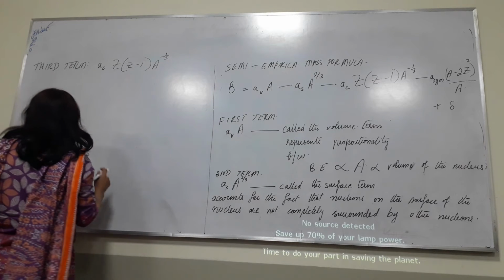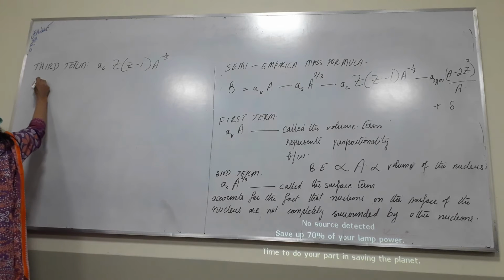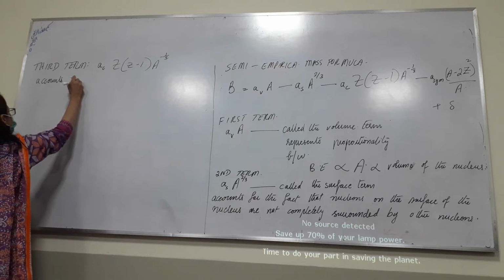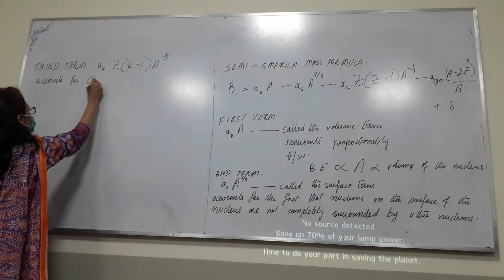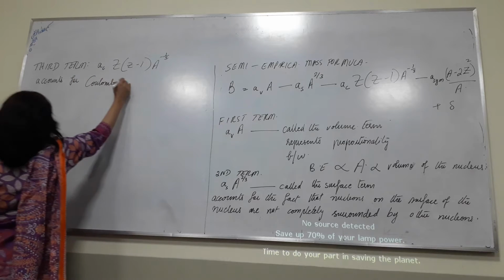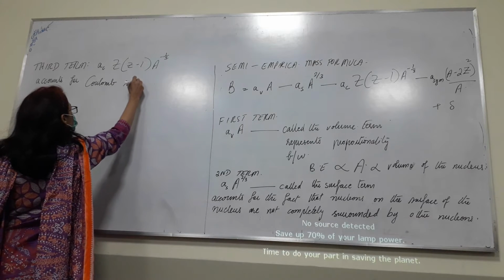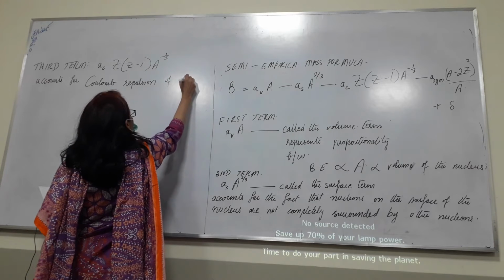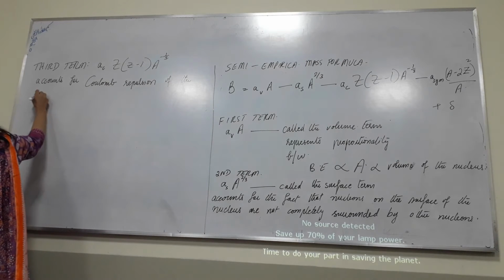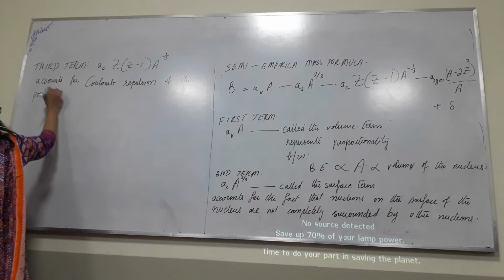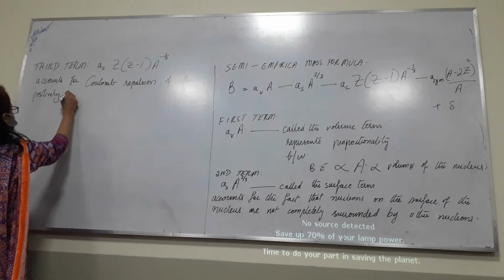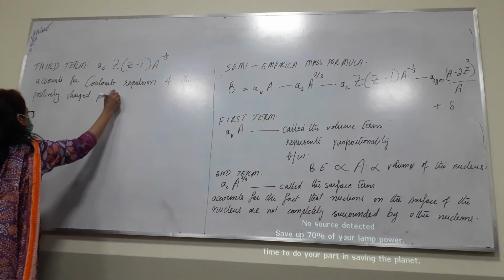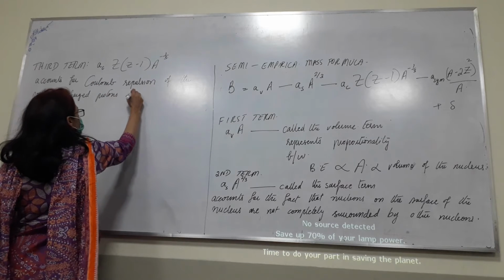So, this accounts for Coulomb repulsion of the positively charged protons in the nucleus.